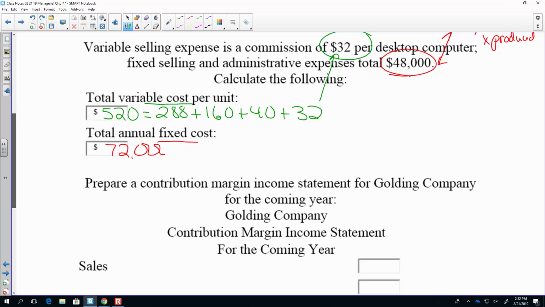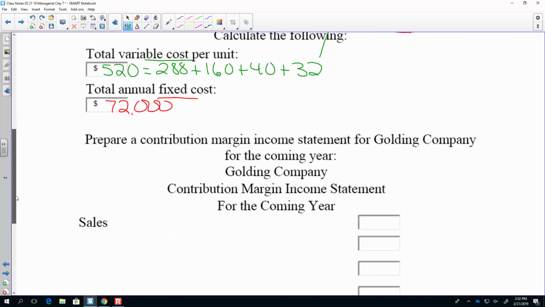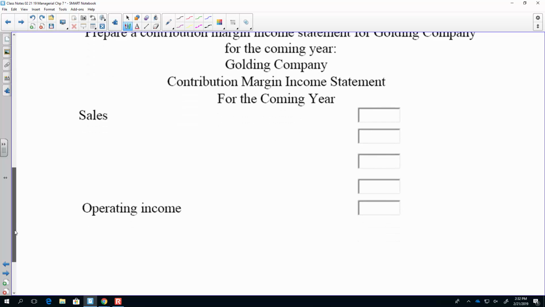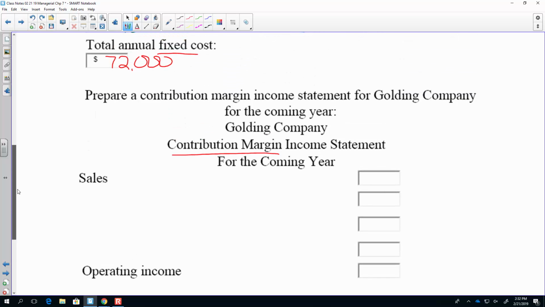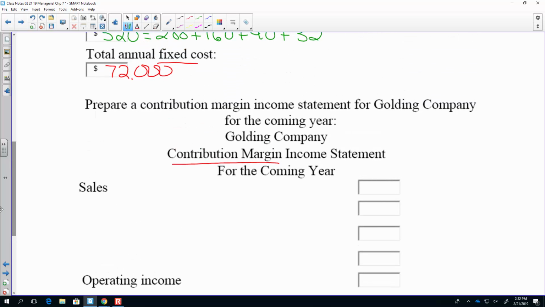So we put that down. Then they want us to make an income statement. This is a margin statement, right? So quite a bit of the information is missing here. So we're just going to put in the numbers as we can do them. So first off, on a margin statement, we're going to subtract off our variable costs, starting with cost of goods sold, which in this case, we're going to use a unit factor.